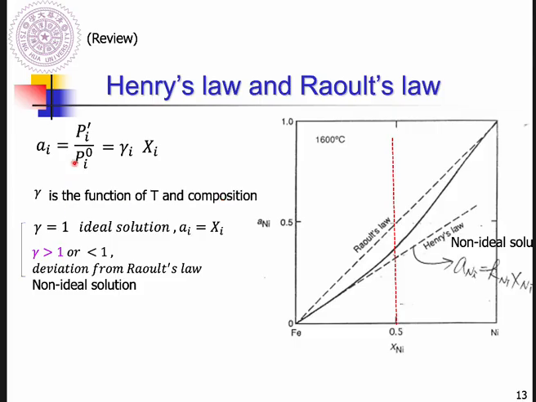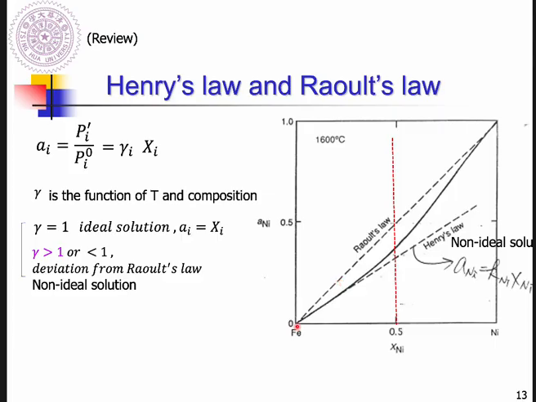But here, do you remember that if you learn that gamma equals to 1, then A equals to X. So when you try to draw the A versus X, as long as gamma equals to 1, then A equals to X. So every data point will be on this diagonal line.